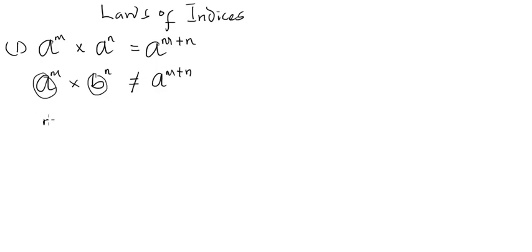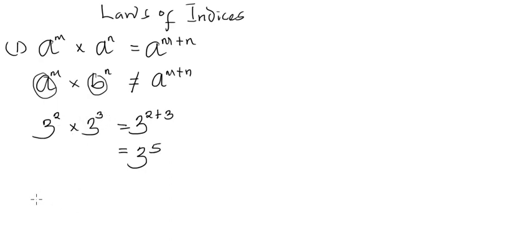If I have 3 raised to the power of 2 multiplied by 3 raised to the power of 3, since they are the same numbers and their powers are different, you can do that. I have 3 raised to the power of 2 plus 3, and that will give me 3 raised to the power of 5, because the bases are the same, 3 and 3, so I can add the powers.